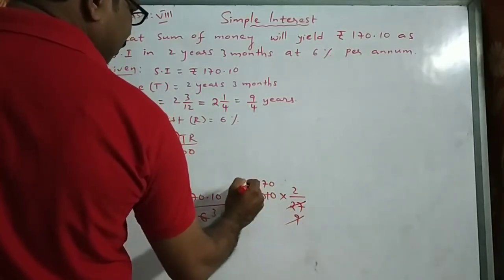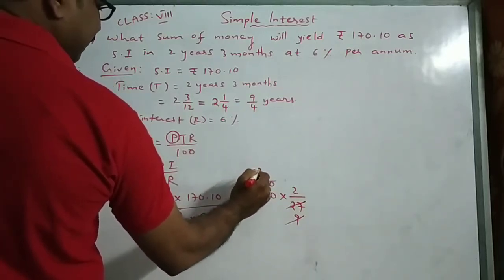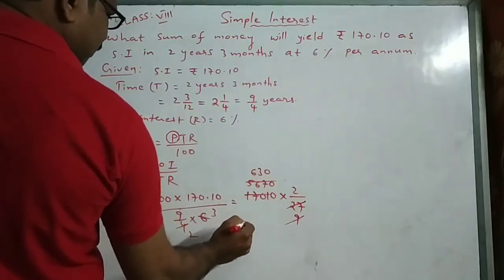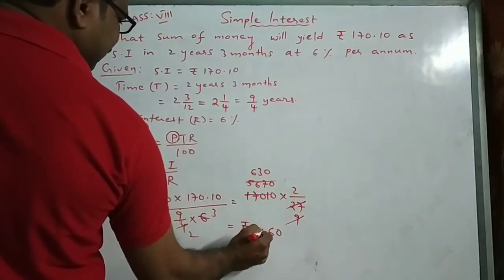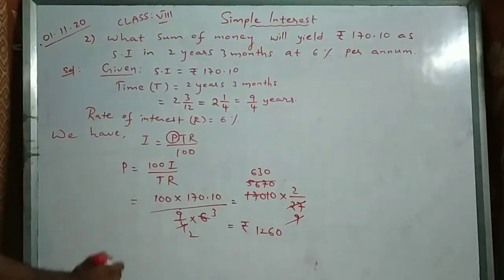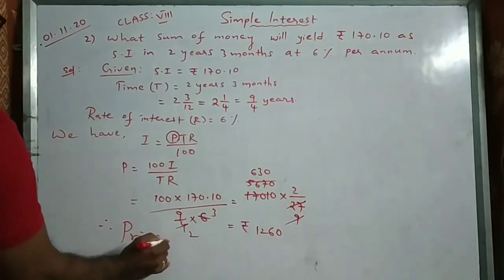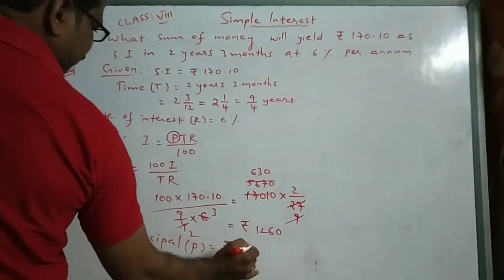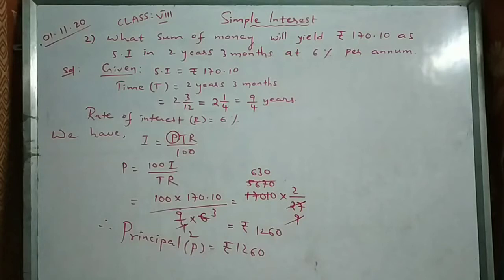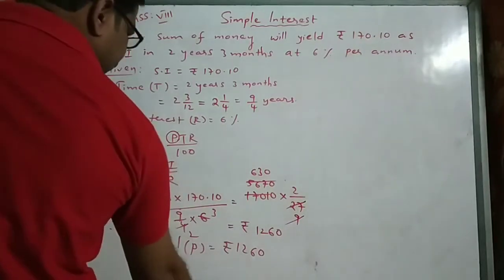So 9 will go. 9 sixes are 54, 9 threes 27. So rupees 2, 2 threes are 6, 2 sixes are 12. So 1260. Therefore, what is the principal amount? Rupees 1260. That is the end of solution. Okay? Clear?